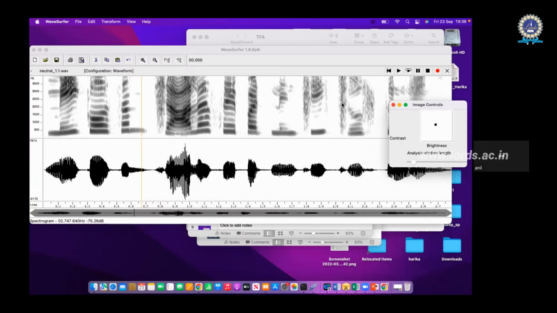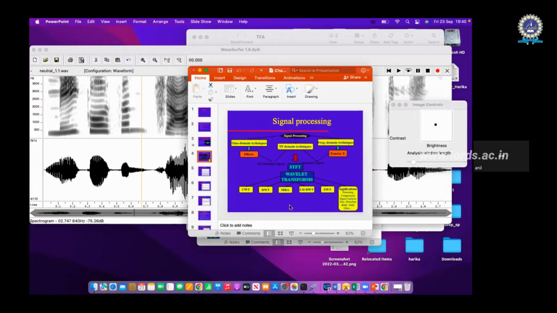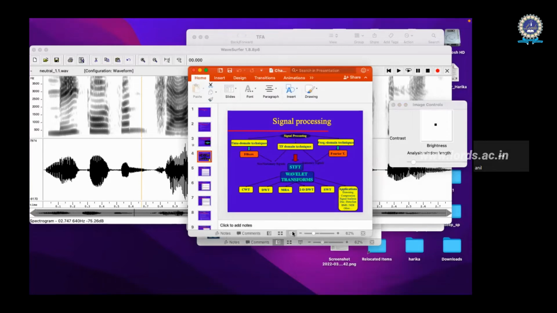But the short-term Fourier transform has its own drawback, because the time resolution and frequency resolution depend only on the window size. If my window size is fixed, then the resolution is fixed.